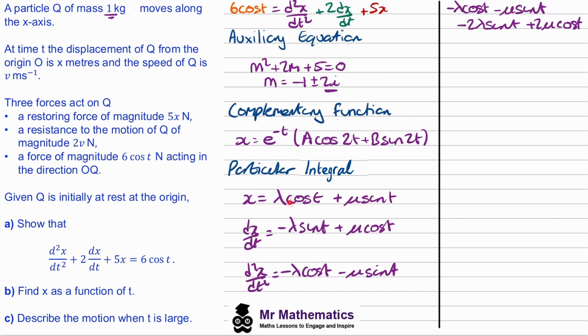And we'll substitute the x term into here and expand that with 5. So we get 5 lambda cos t plus 5 mu sin t. And this will equal the right-hand side, which is 6 cos t and 0 sin t.